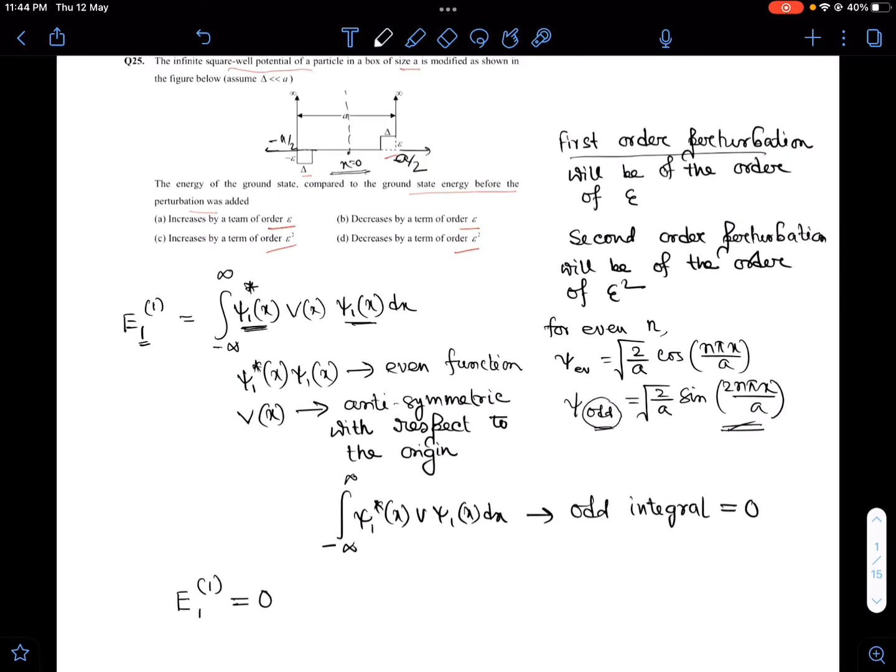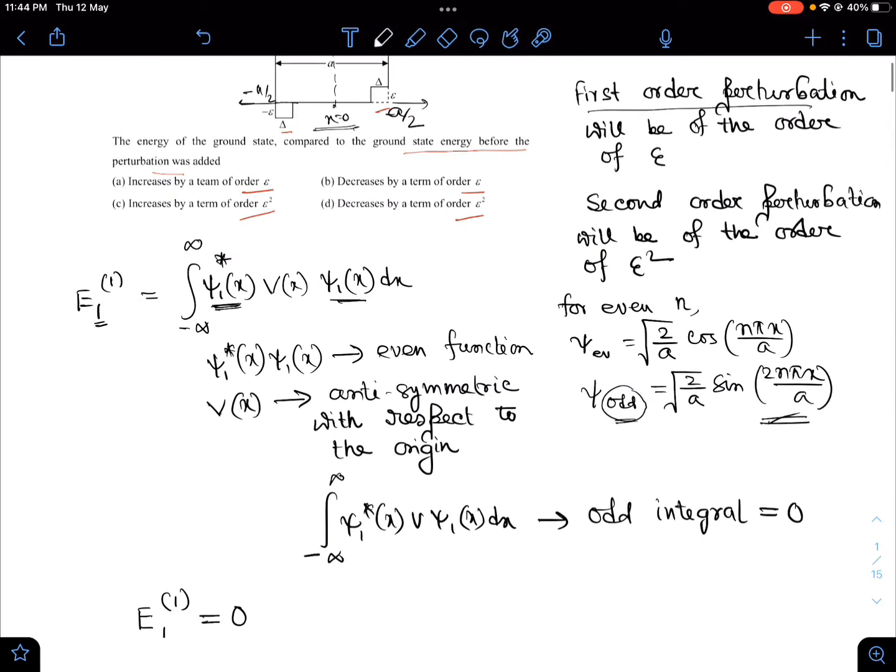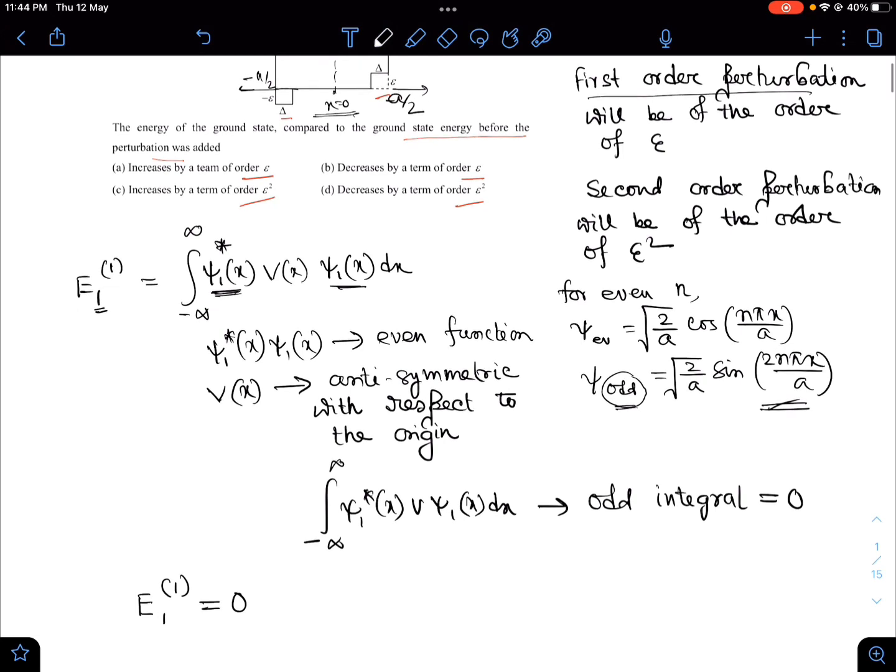Now we have to check whether there is a second order perturbation or not.